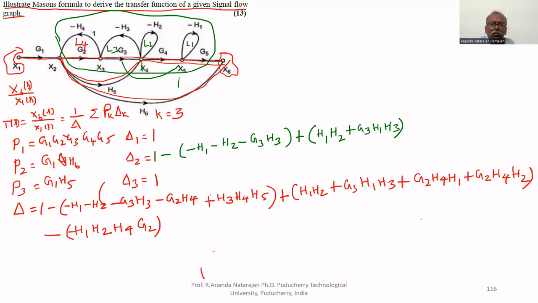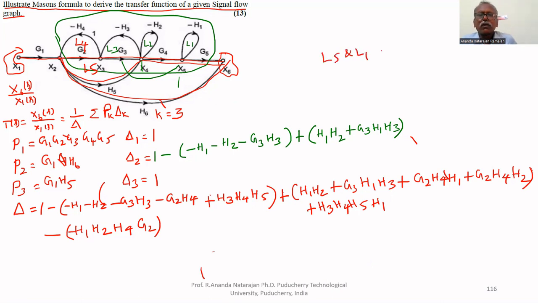Two non-touching loops, one more is there, that is H3 H4 H5 and H1. This is also not touching each other. That is L5 and L1 not touching.